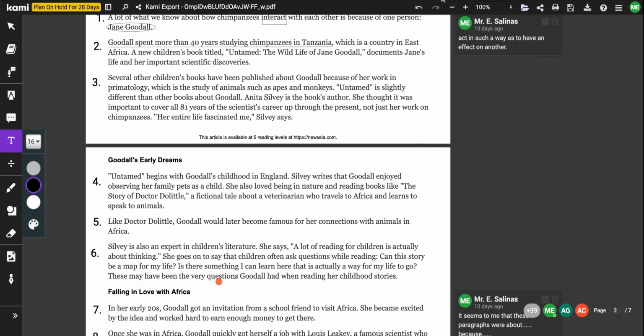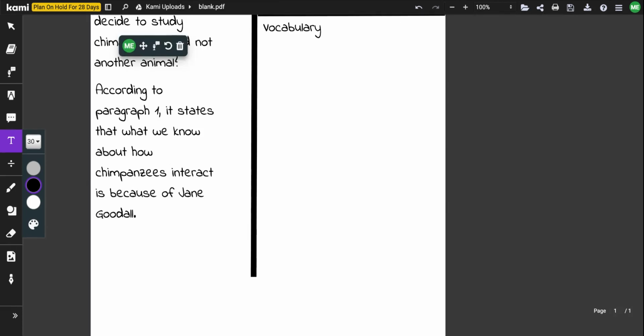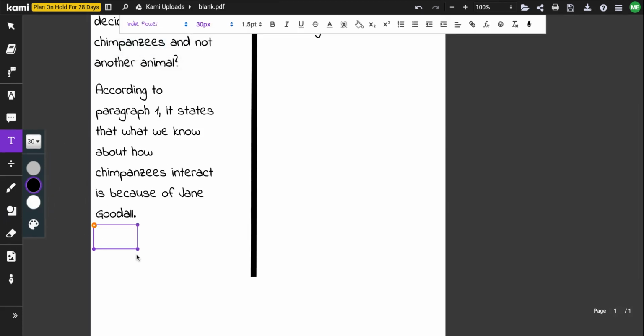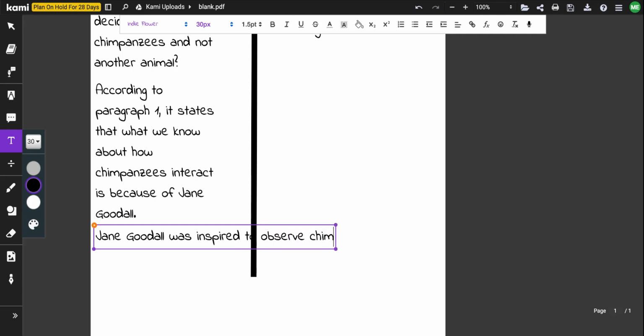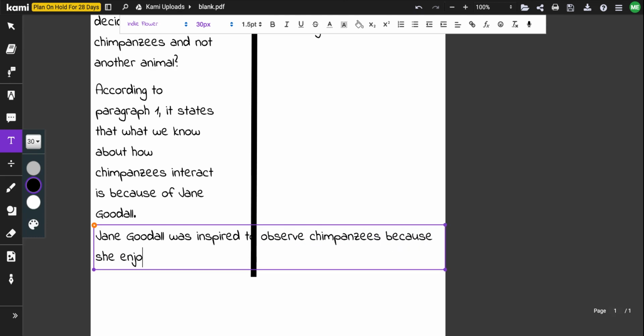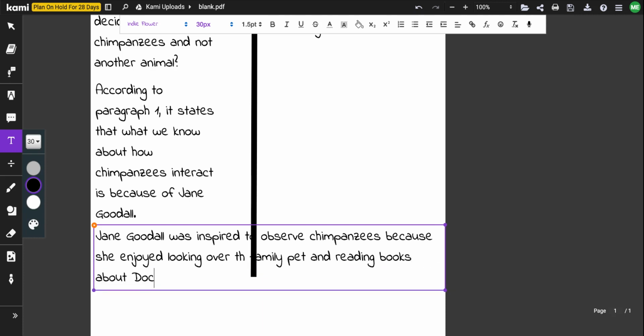So that can be something else that I can write here. Jane Goodall was inspired to observe chimpanzees because she enjoyed looking over the family pet and reading books about Dr. Dolittle.